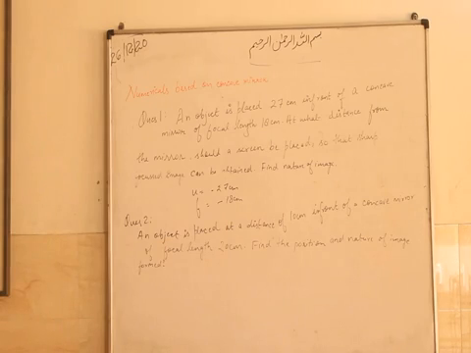One upon 6, 27 and 1 upon 18. So 1 upon 18. Minus 18. Focal length minus.